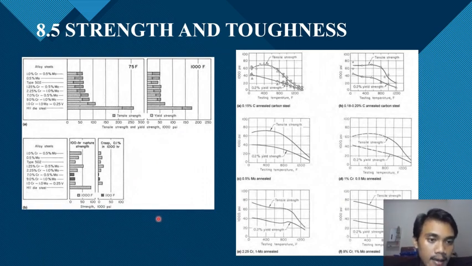And we can see here 75 degrees Fahrenheit, 1000 degrees Fahrenheit, and the difference of A and B. Here we have alloy steel with 1.0% Cr to 0.5% Mo, which has more than 50, and here with 1.0% Cr and 0.5% Mo they are between 50.